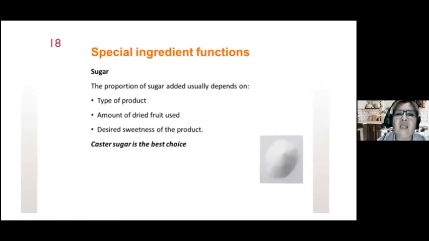Okay, for sugar, the proportion of sugar added to the product depends on the type of product, the amount of dried fruit used, and the desired sweetness of the product. For example, we have cinnamon roll or ensaymada, which has sugar toppings on top. So from the bread or dough itself, you lessen the sugar.